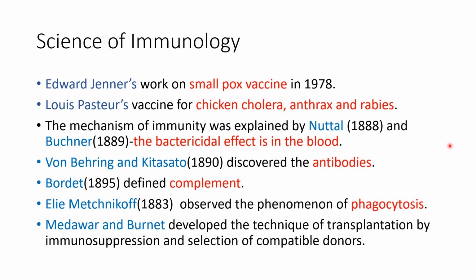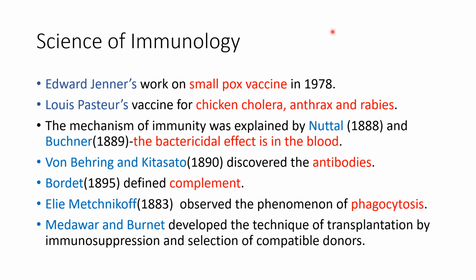And Behring and Kitasato detected the antibodies in the serum of animals which were previously inoculated with a small dose of the tetanus toxin that they used. So they first detected the antibodies in the serum. Another very important component that is present in our blood which is responsible for resistance is complement, and this was first defined by Bordet in 1895.